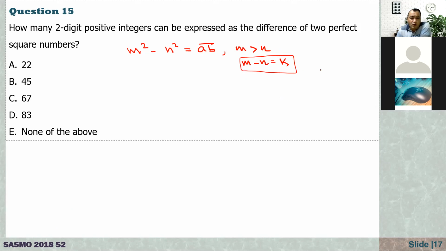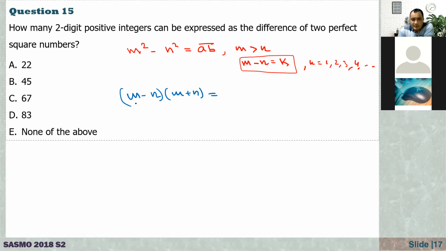k is 1 or 2 or 3 or 4, and continue. Now we know how to factorize the left-hand side: m squared minus n squared is m minus n times m plus n.